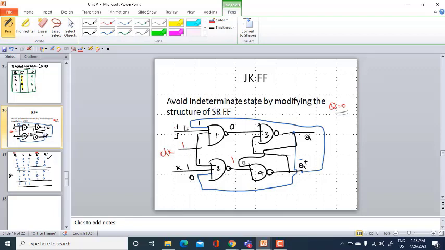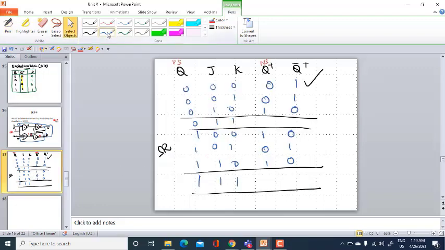Q bar is 1, so the inputs are 1, 1, 0, that is 1, and when any one of the inputs is 0, the output is 1. This is carried forward, and the other gate with 1, 1, 1 is going to be 0. The output is 1, 0. So when I am having 1 and 1 with the previous value as 0, I will be getting 1, 0.